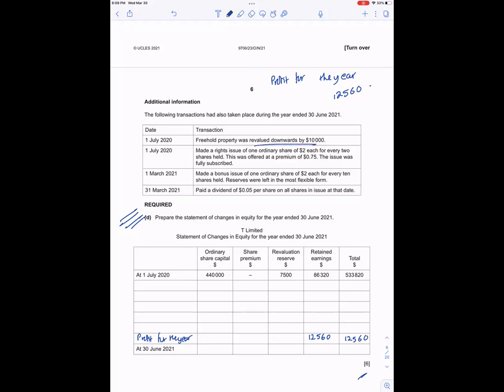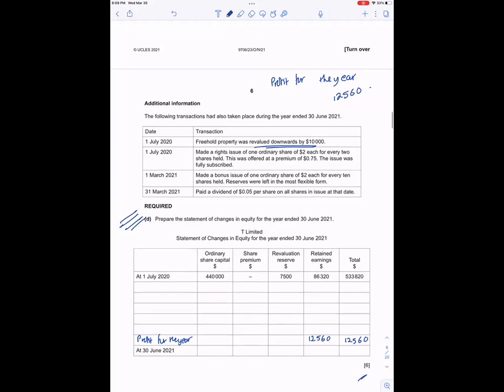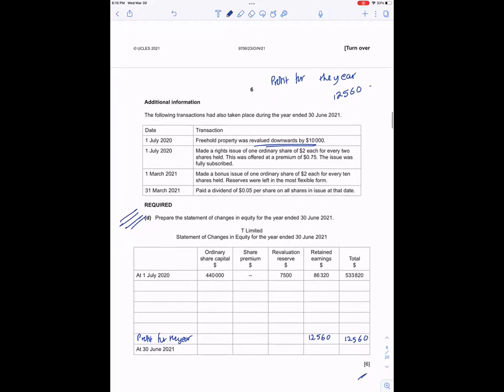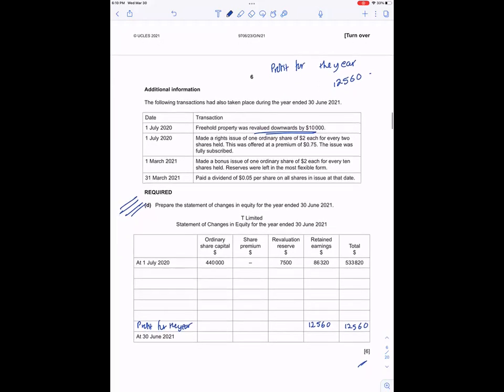Freehold property was revalued downwards by 10,000. So because it was revalued downwards, but my revaluation reserve has only 7,500, I will reduce 7,500 from here, 2,500 from here, and 10,000 from the total.